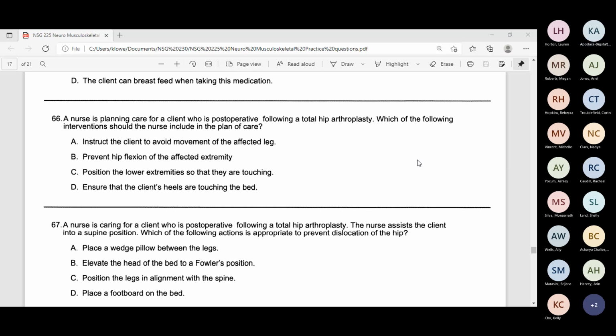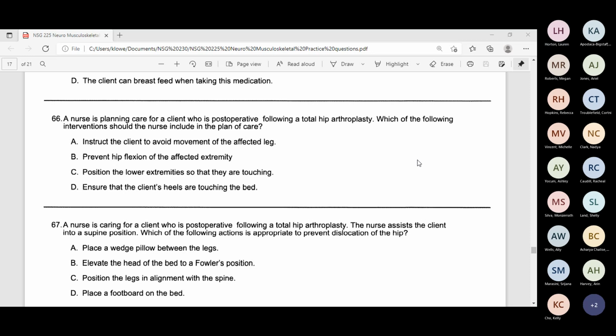Nurse is planning care for a client who's post-operative following a total hip arthroplasty. Which of the following interventions should the nurse include in the plan of care? What are some of those precautions that we talked about? B. Yeah, we want to prevent hip flexion.